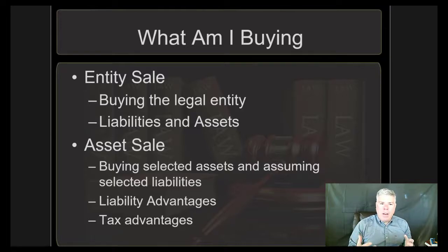There are liability advantages to doing an asset sale, because if there's an unknown liability, for instance, somebody ate one of the flowers and got poisoned, and that lawsuit hasn't arisen yet, neither you nor Jane know that the lawsuit is out there.